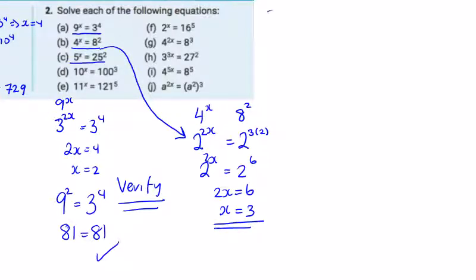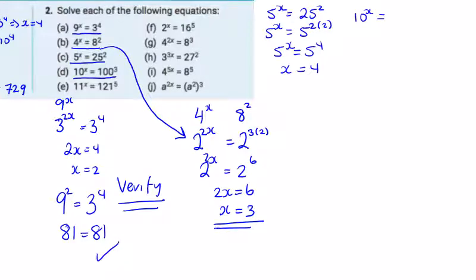5 to the power of x is equal to 25 squared. 5 to the power of x equals 5 squared, and the squared stays there. So 5 to the power of x is equal to 5 to the power of 4. So x is 4. 10 to the power of x is equal to 100 cubed.